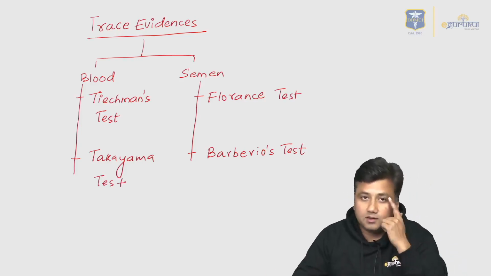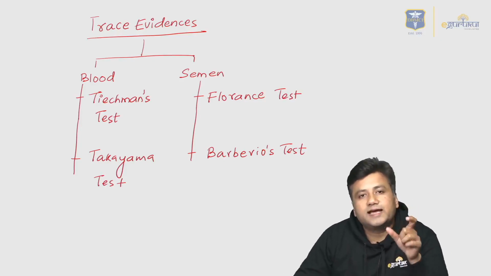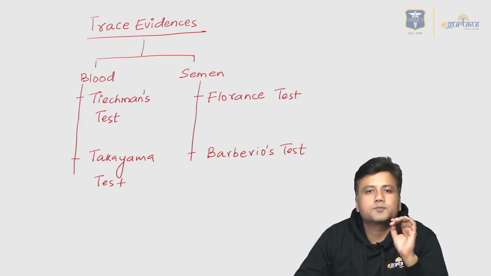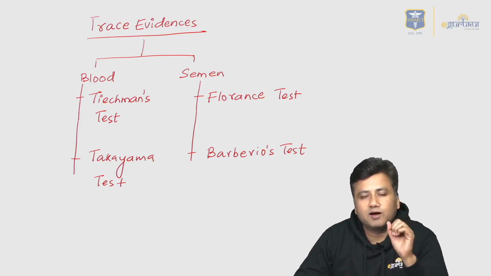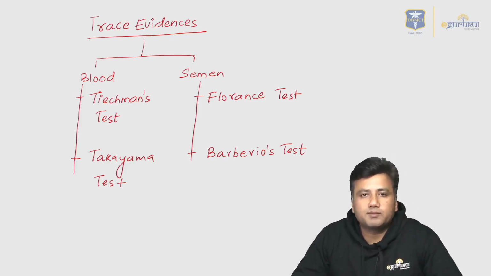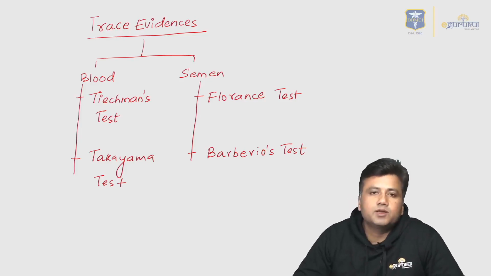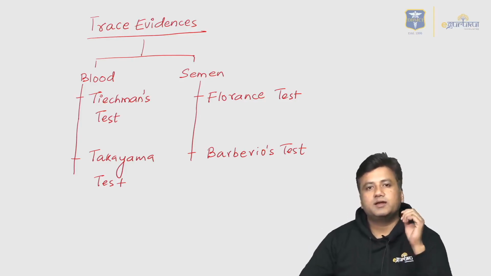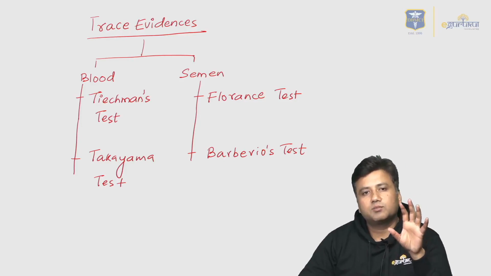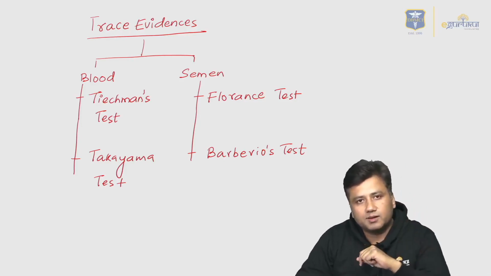All of them require slides to be prepared from the alleged sample, and then those slides are examined microscopically. If characters are found which are as described in the test, then we can say that the slide is probably a blood or a seminal sample.